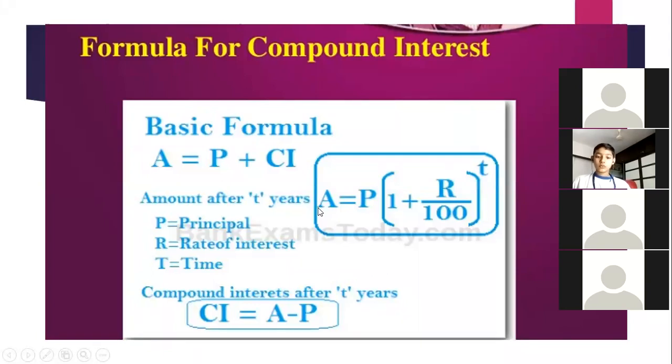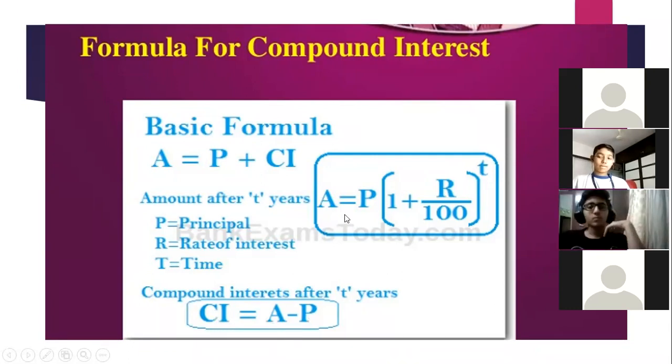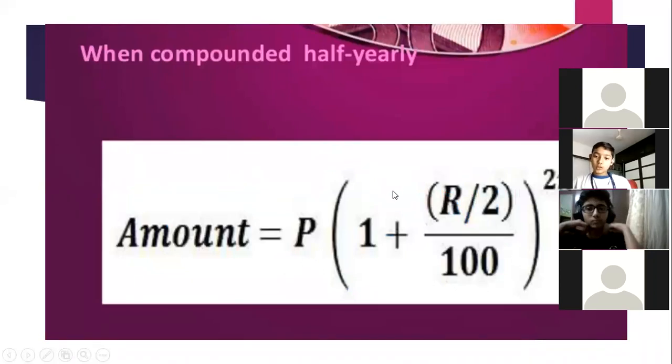So for separately calculating compound interest, we apply this formula, which is compound interest is equal to A minus P, and A we get from this formula. Okay. So next is when the interest is compounded half yearly, this is the formula for amount. Please write it down.